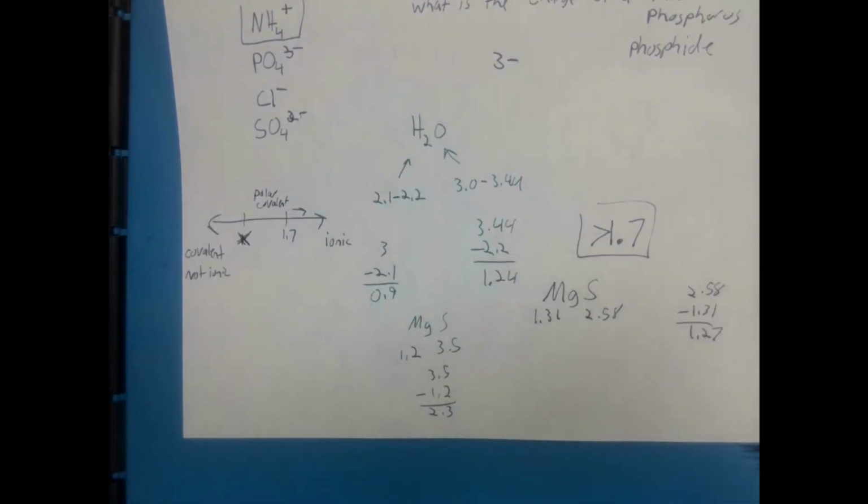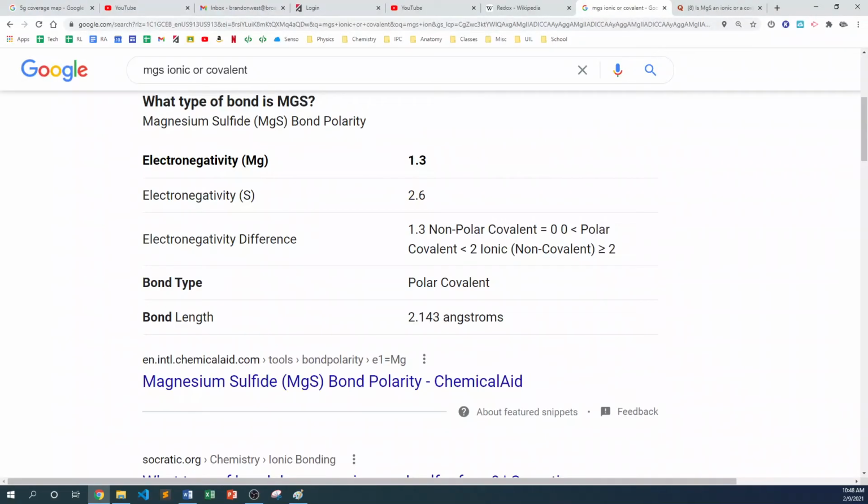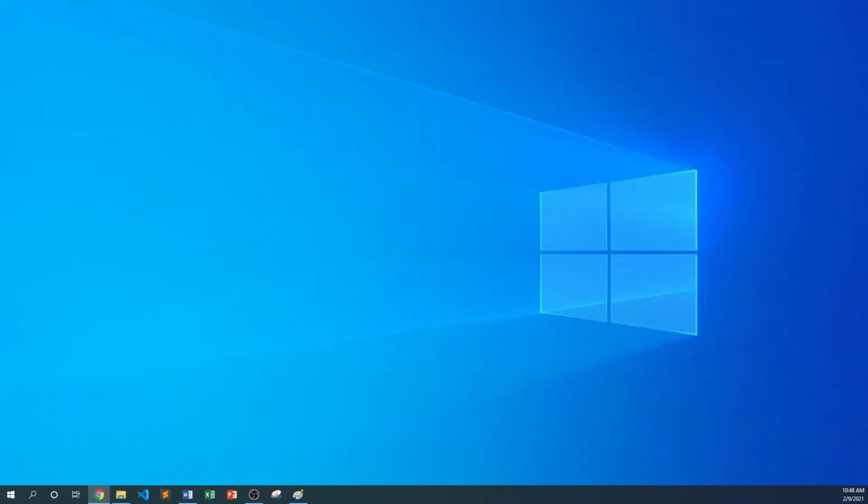But the importance is just be able to recognize, because some of the names are going to change. You can see here that they use the definition of greater than 2 is ionic, and everything less than 2 is covalent. Polar covalent, I don't know how they came up with that. But anyway, just remember 1.7 and use the values we're given on the test.